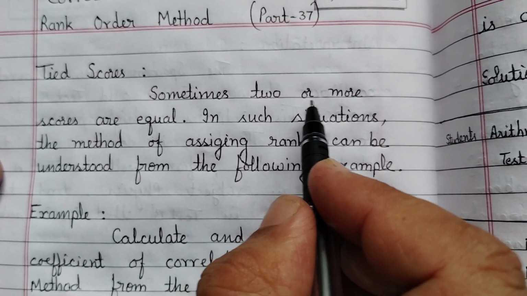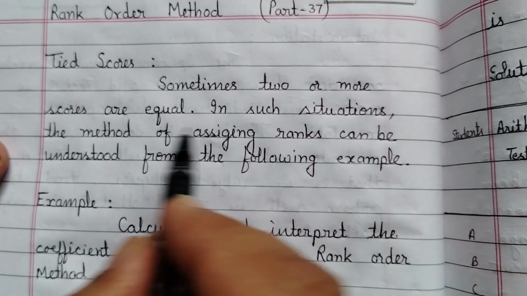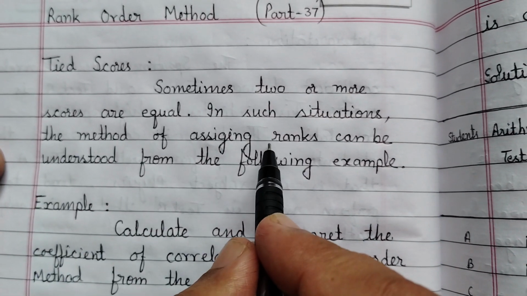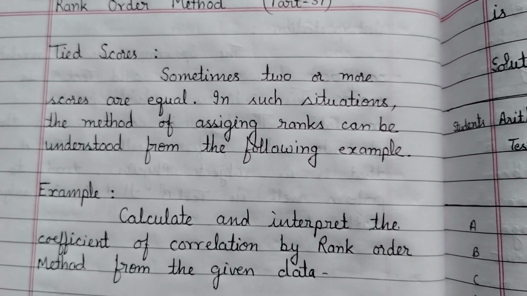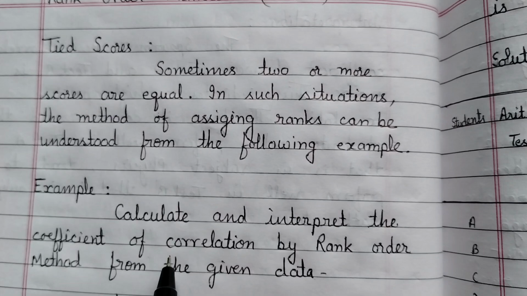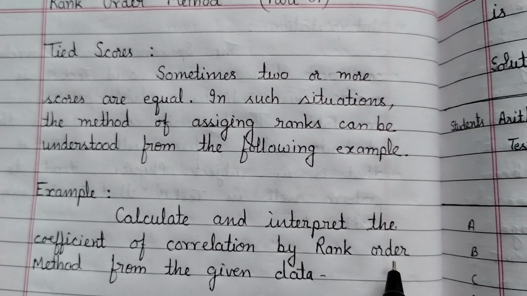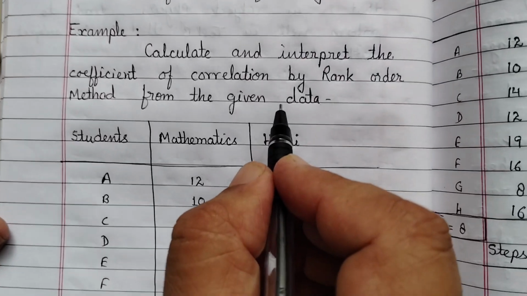Sometimes two or more scores are equal. In such situations, the method of assigning ranks can be understood from the following example. Example: calculate and interpret the coefficient of correlation by the rank order method from the given data.